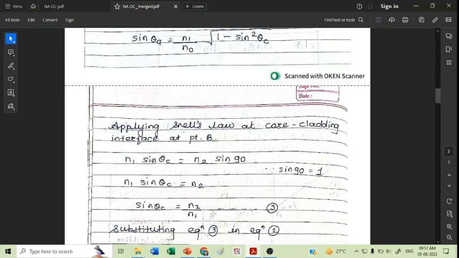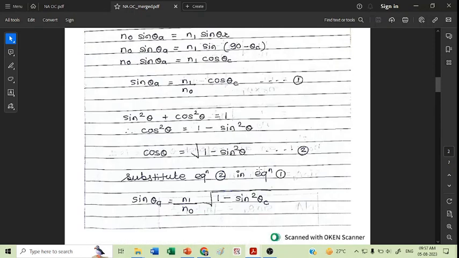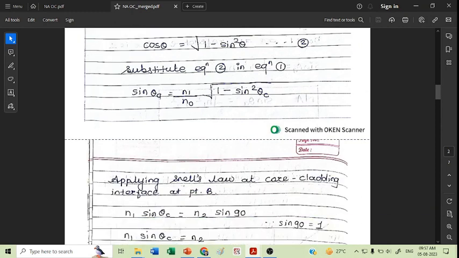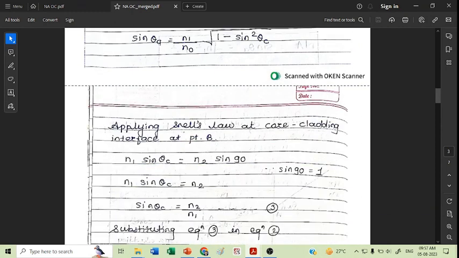Now here we are substituting equation number 3 into equation number 2. This is equation number 2, which has sin theta c.